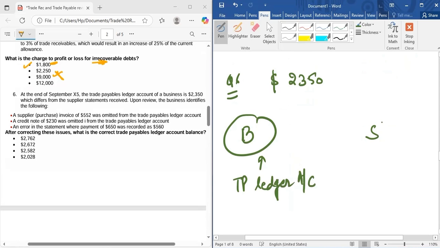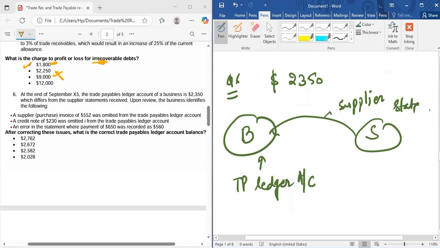The suppliers would send the business a supplier statement. The supplier statement will tell the business how much amount the business owes to the supplier according to the supplier. This trade payables ledger is according to the business.